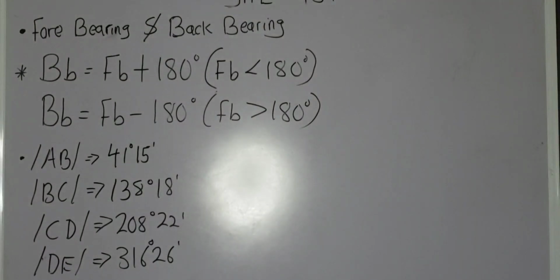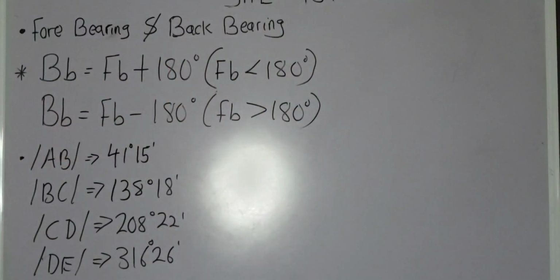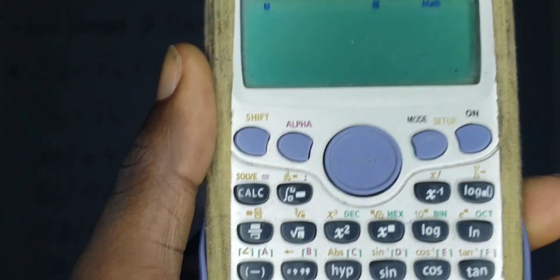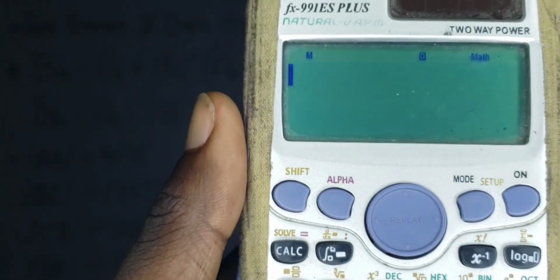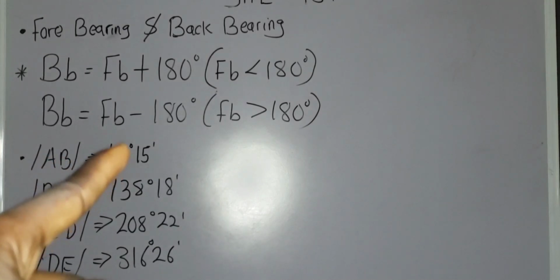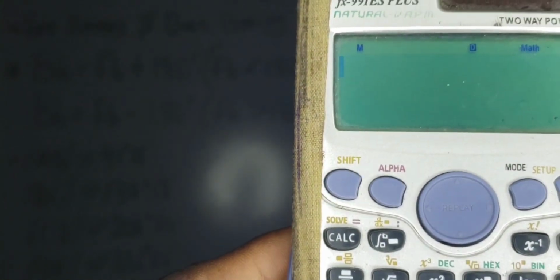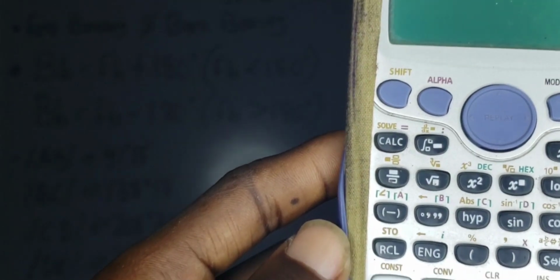Now, take your calculator and look at this place. This is my calculator. You can see I've already turned it on. Now, let's say I want to punch the fore bearing of line AB, which is 41 degrees, 15 minutes. Now look at this calculator. I'm going to punch 41.